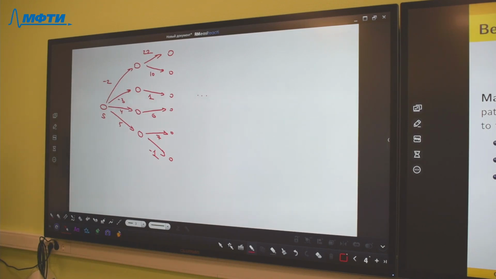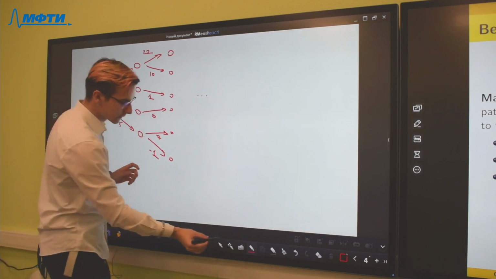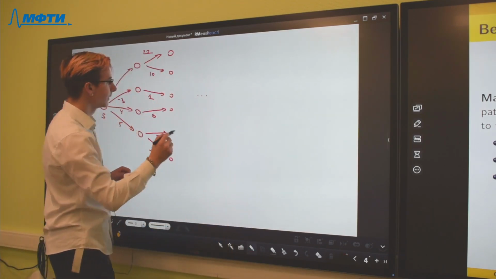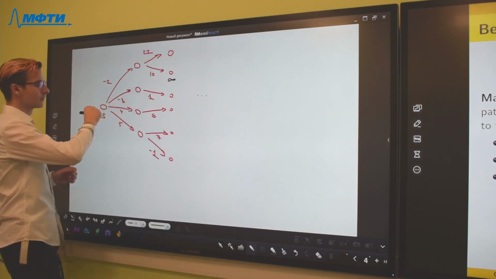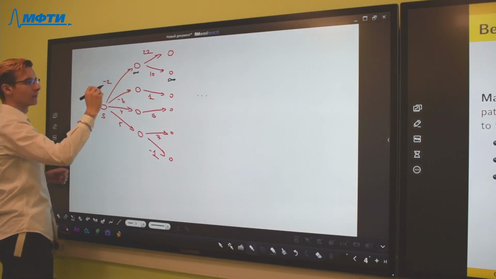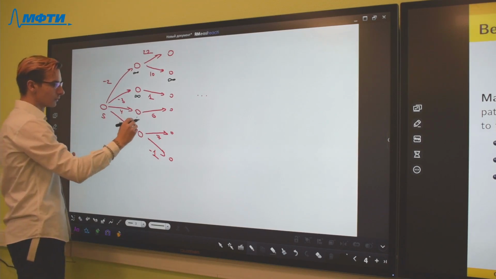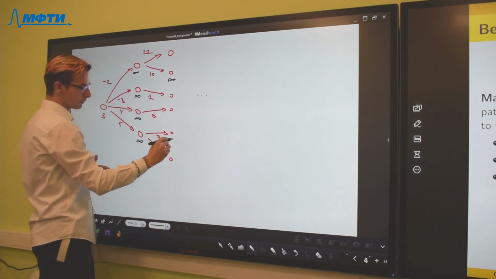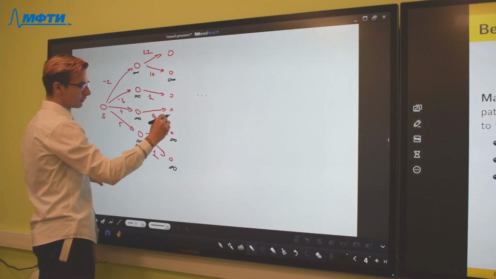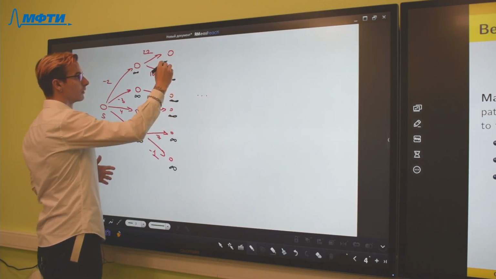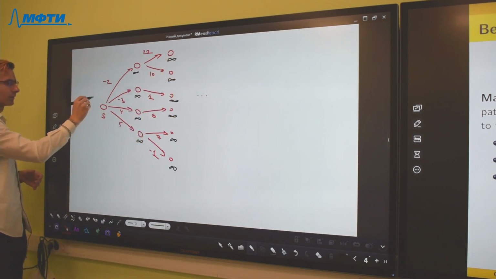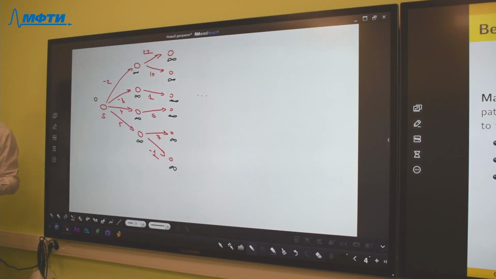And imagine that now the distance from each vertex to the source is equal to infinity, as in the beginning of the previous algorithm. And this distance is equal to 0.